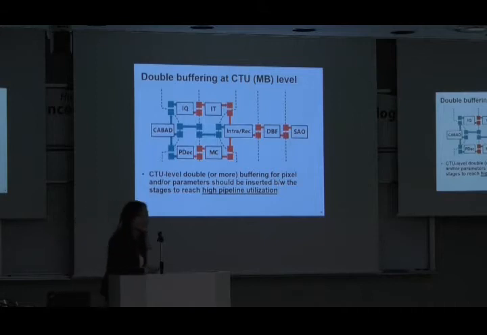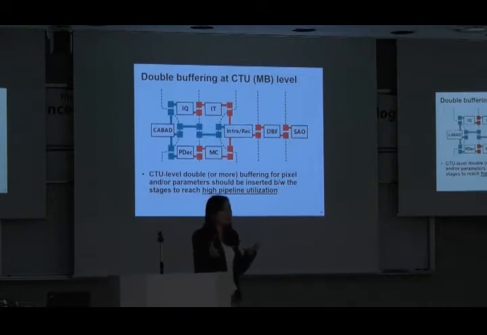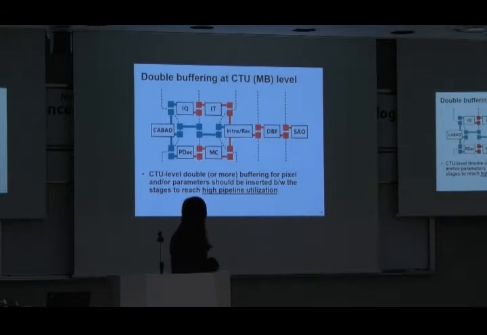In order to realize this, we need some buffer. We need some memory. In the first example, CABAD processes my hand and sends the result to the IQ. Then IQ needs a memory to store the information of my hand. At the same time, CABAD can start to process my head, and the result will be stored to this buffer.